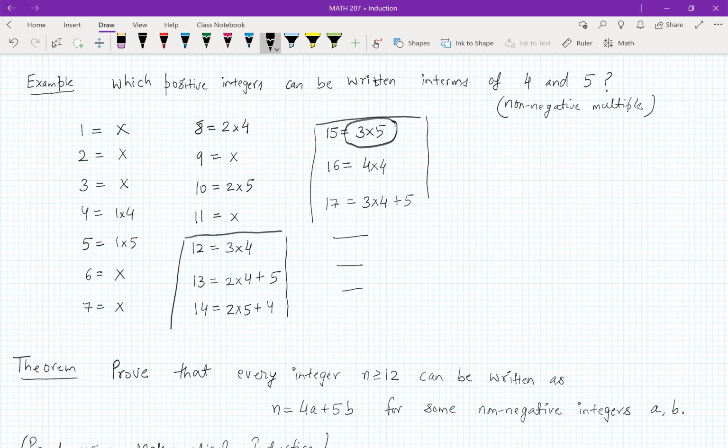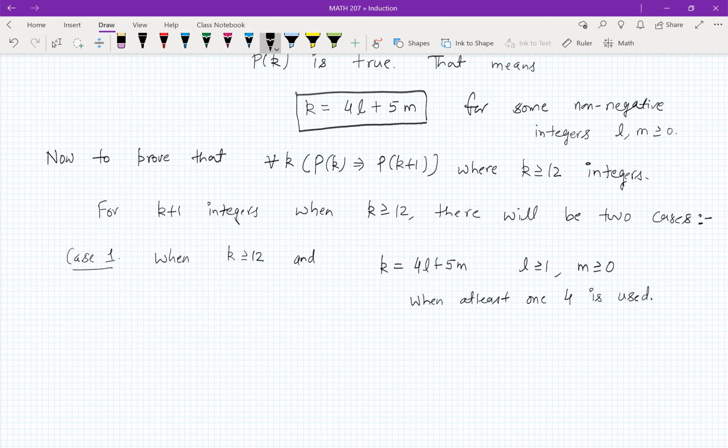We're going to use these facts in building two cases in our proof. Our first case corresponds to k greater than or equal to 12, where k is represented by 4 times L plus 5 times M, where L is greater than or equal to 1 and M could be any non-negative integer. We're going to make sure here that at least one 4 is used in building this k.